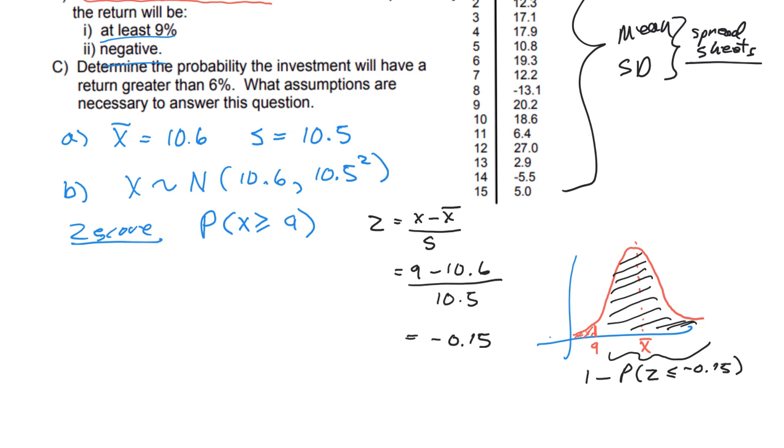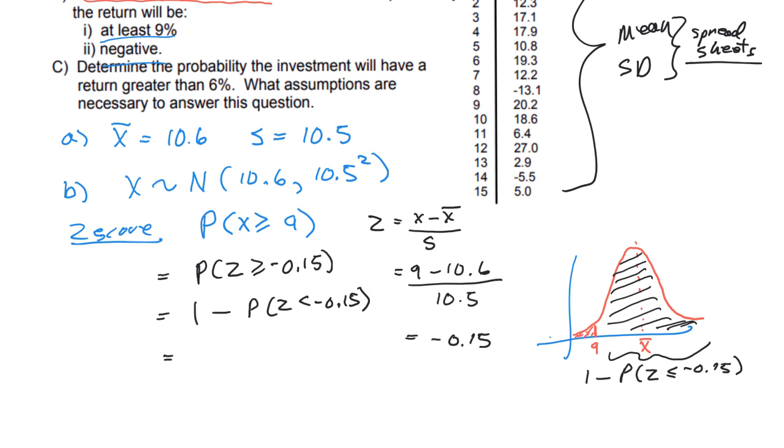So P of x greater than or equal to 9 is equal to P of z being greater than or equal to negative 0.15. To actually get that, we have to take 1 minus P of z being less than negative 0.15, which is what we use our z-score tables for.